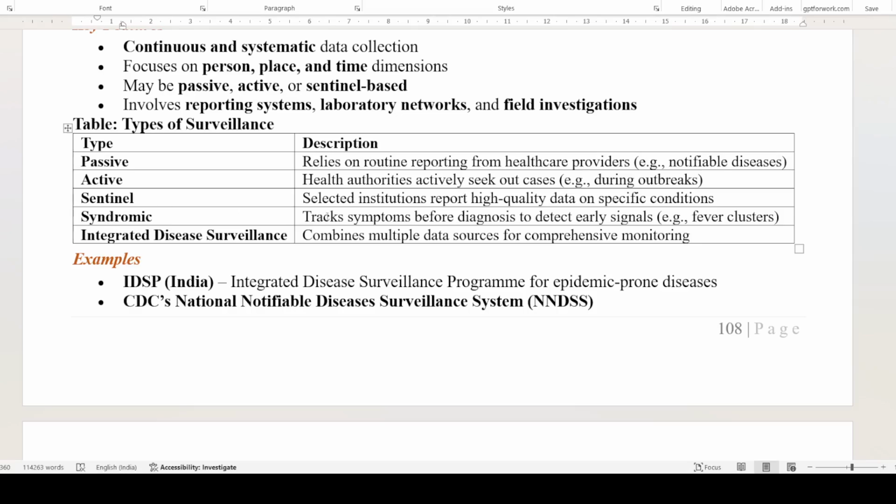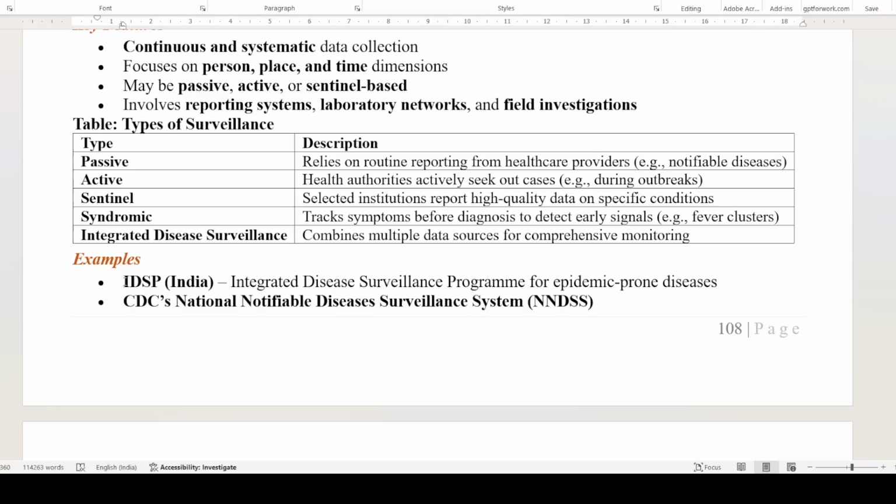Syndromic means we are tracking the symptoms before the diagnosis is there, to detect early signals of the disease. What does IDSP say? The Integrated Disease Surveillance System combines multiple data sources for comprehensive monitoring.